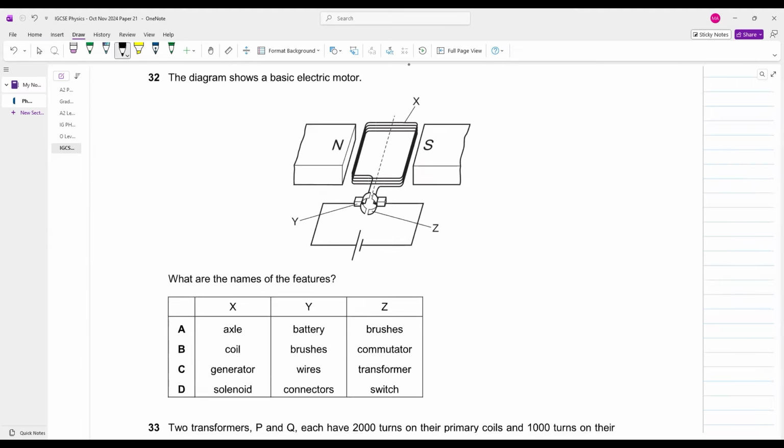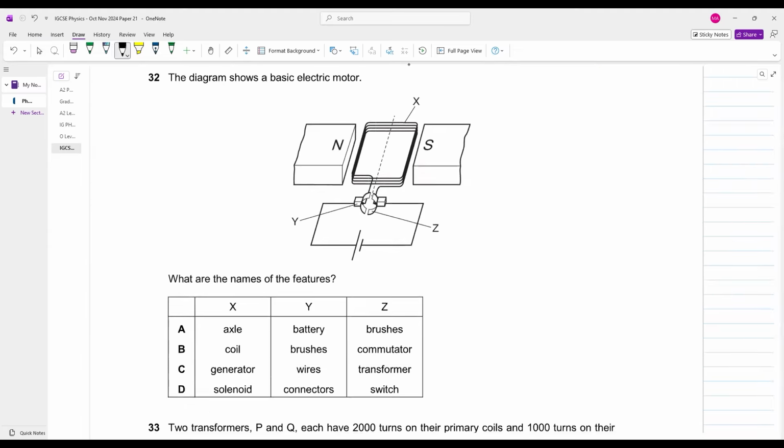Perfect. The secondary coil of transformer P is connected to the primary coil of transformer Q. Okay. So how is this arrangement actually happening? ठीक है, अरेंजमेंट है किस तरह से?